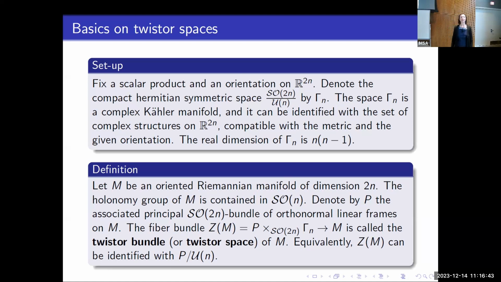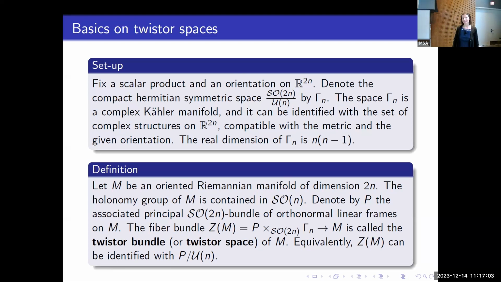So, for example, if you just fix R^2n with a standard inner product and orientation, consider the space of all complex structures on R^2n which are compatible with the metric and the given orientation.